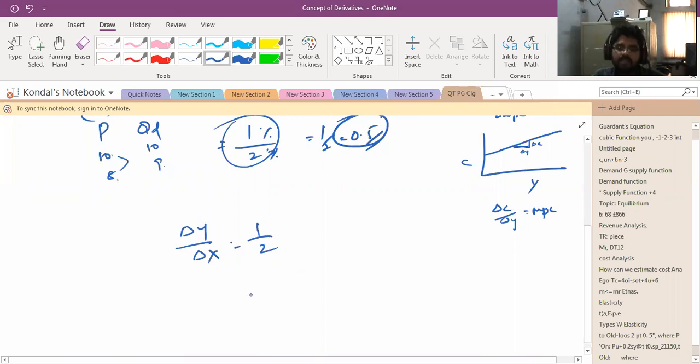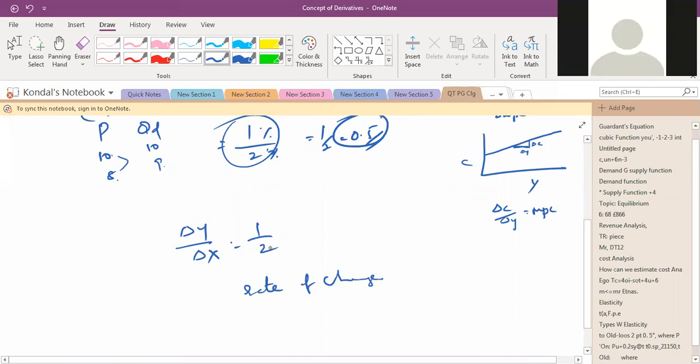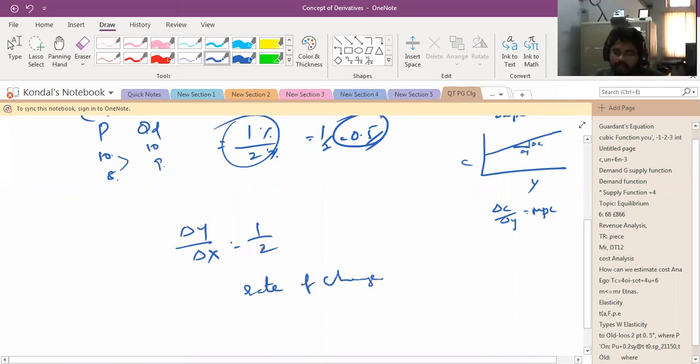It means the rate of change: if you increase X commodity by 2 units, it will decrease or increase by 1 unit of the other commodity, whether it is supply, quantity, demand, or any item. So simply, the derivative is nothing but the rate of change.